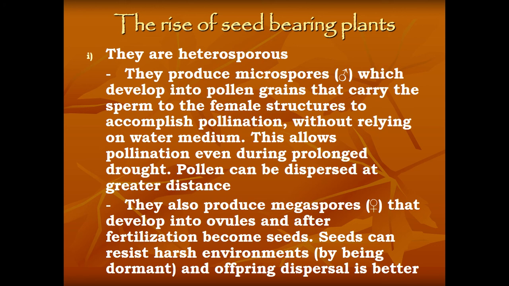They just rely on dispersal agents such as the wind and also animals. So this allows pollination even during prolonged drought. So the pollen also can be dispersed at a greater distance.